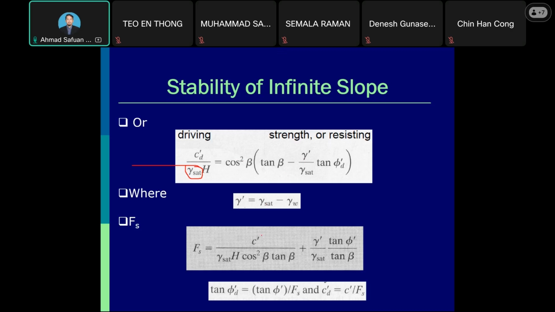So then we rearrange to determine the factor of safety.